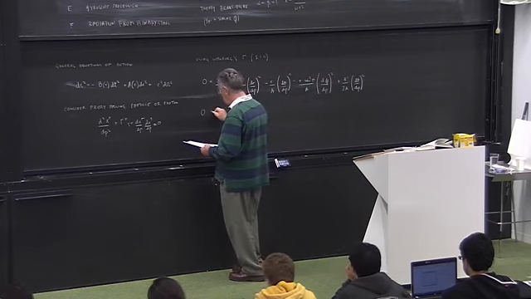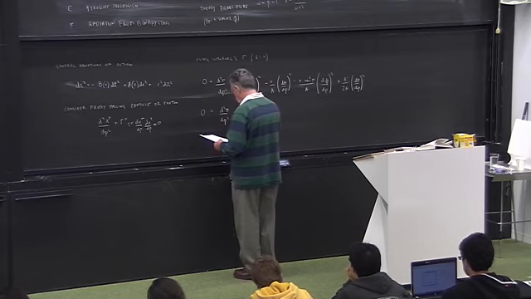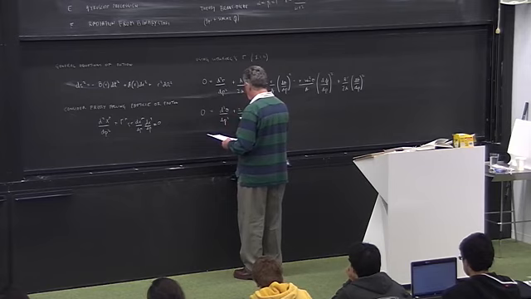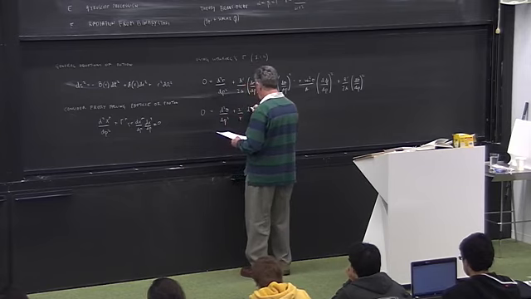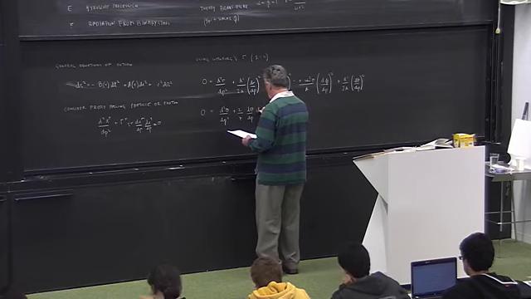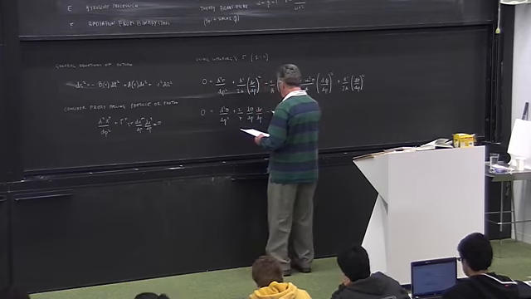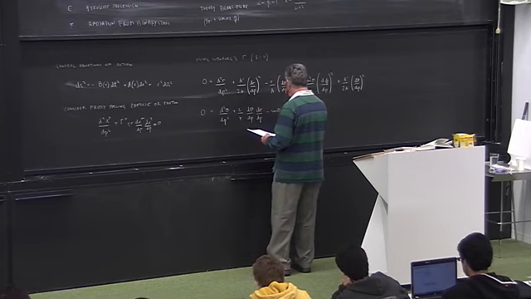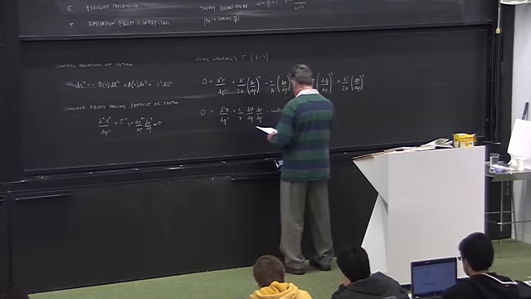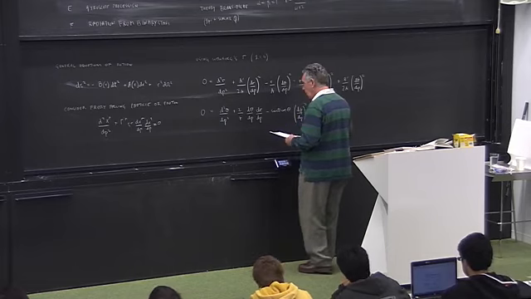The theta equation is d2 theta by dp squared plus 2 over r d theta by dp dr by dp minus sine theta cos theta d phi by dp squared.